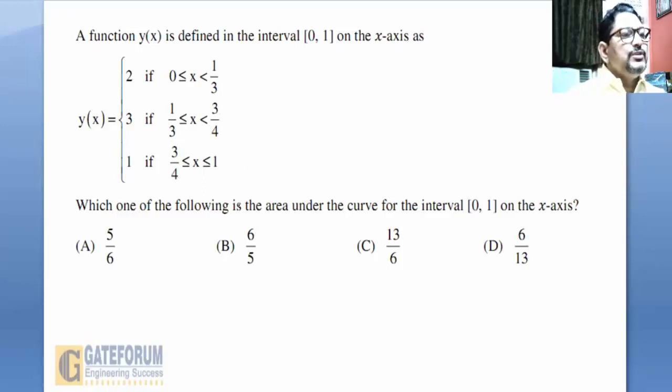So they have asked which one of the following is the area under the curve for this interval 0, 1 on the x-axis. How do we do it? Quite simple.